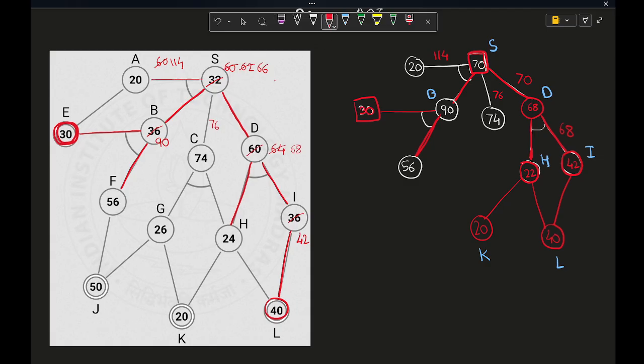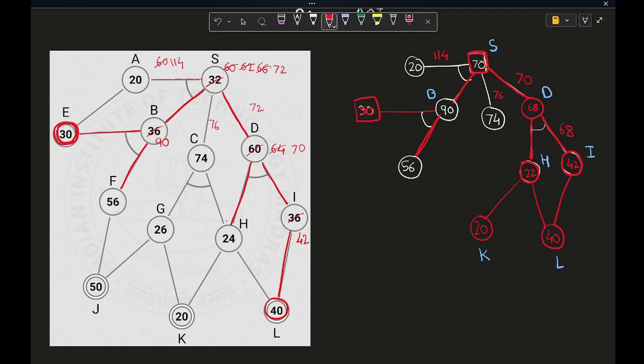So this becomes 70. No, sorry, this should be 70 now, because 4, not 2: 24 plus 42 plus 4. So 66 plus 4, 70. This should be 72 and this should be 72 now.